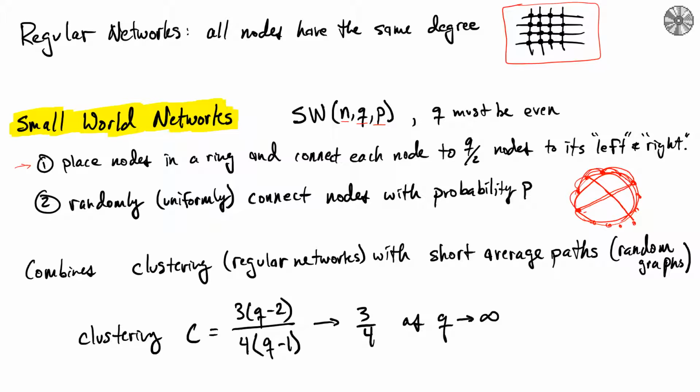So these are just a few random graph models, and there are many that exist in the literature, but understanding how they are created and the motivation for them is what we're interested in this class.